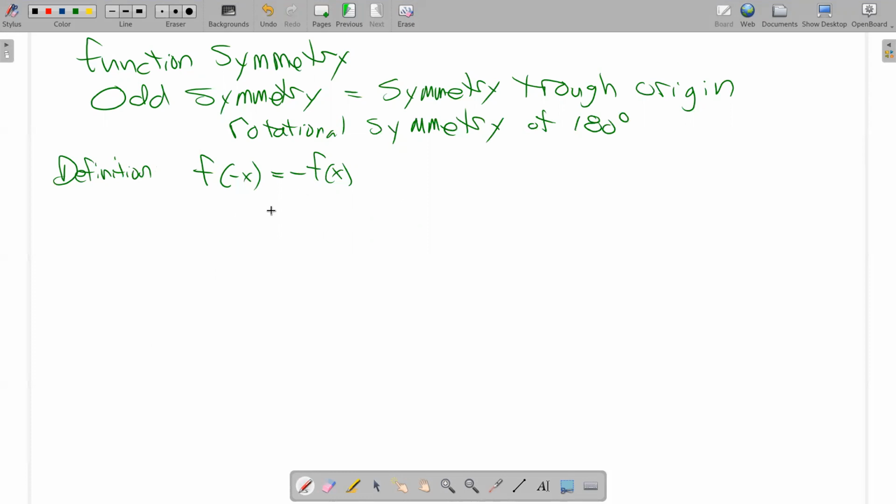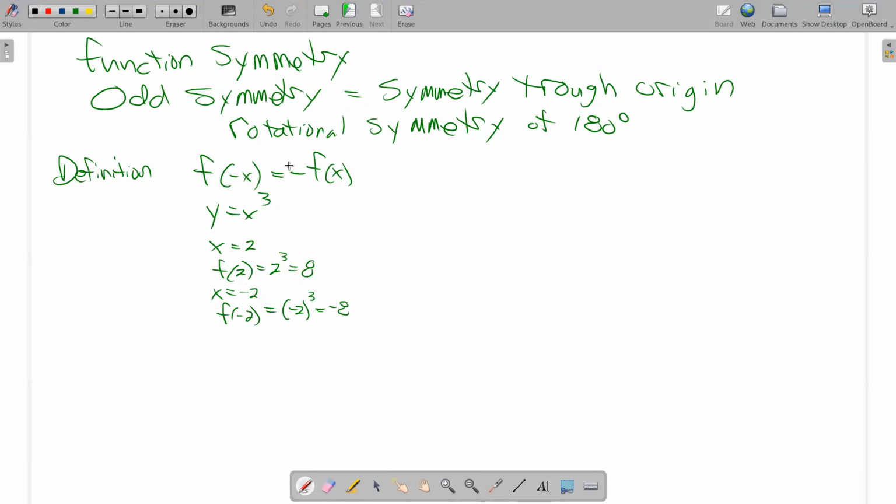So I pointed out the cubic function before, y equals x cubed. And think about just plugging in x equals 2. f of 2 is 2 cubed, which is 8. If we plug in x equals -2, f of -2 is -2 cubed, which is -8.